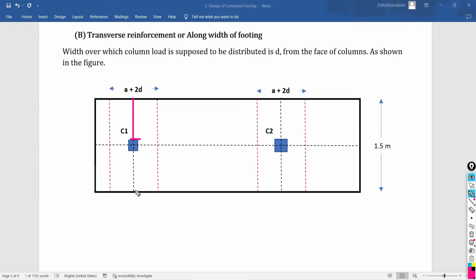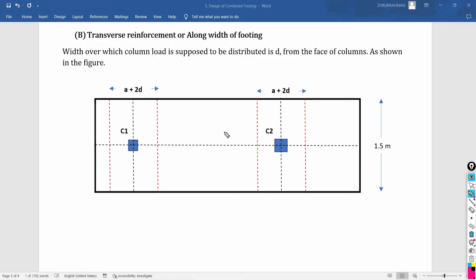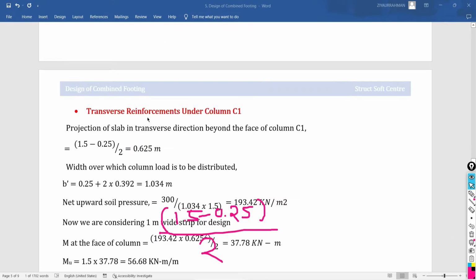How can you calculate that? Very simple: it is 1.5, the total width, minus the side of your column, because our column is a square column, 250 by 250 mm, divided by 2. So you will get this projection.